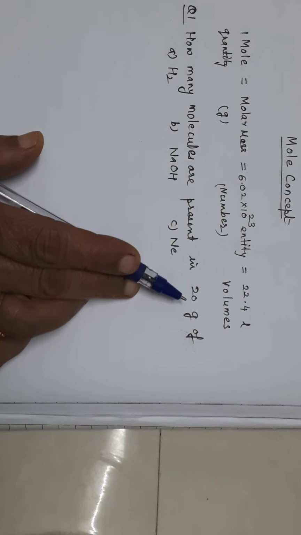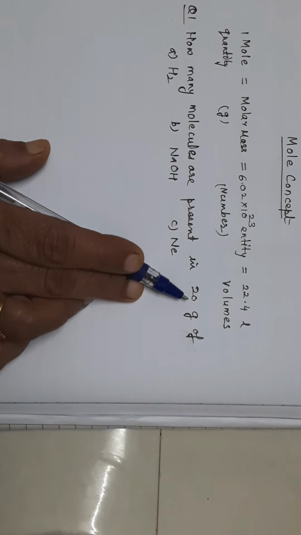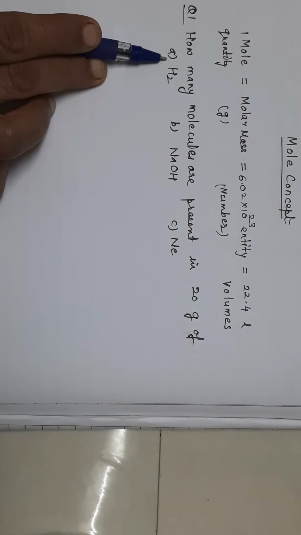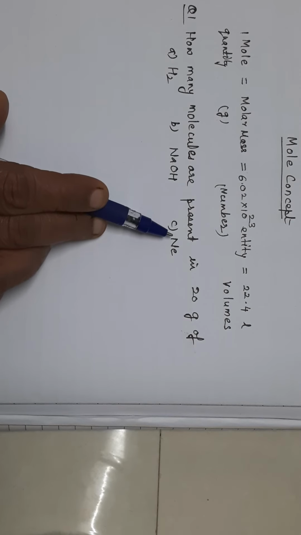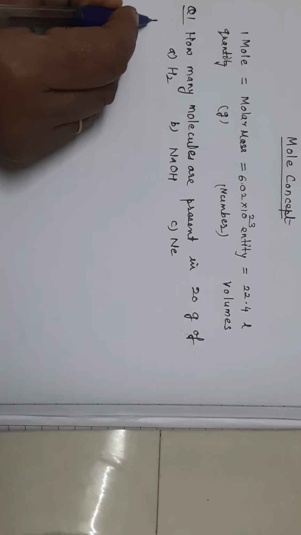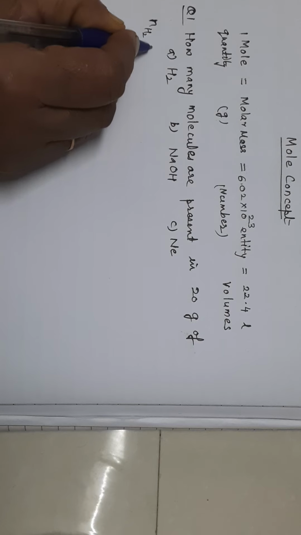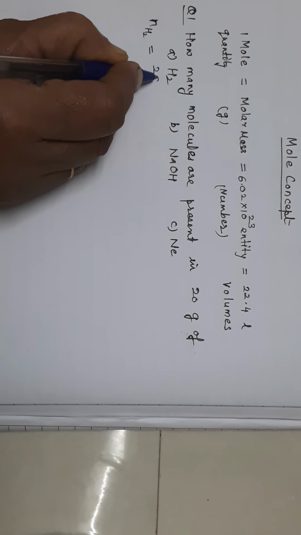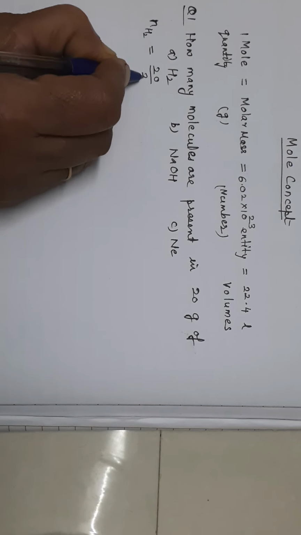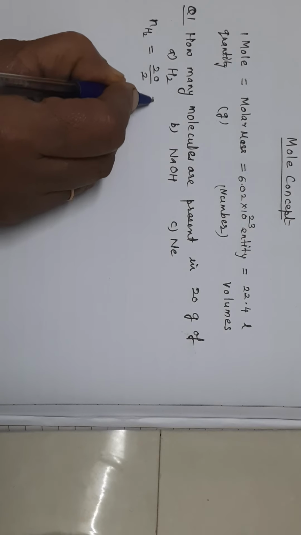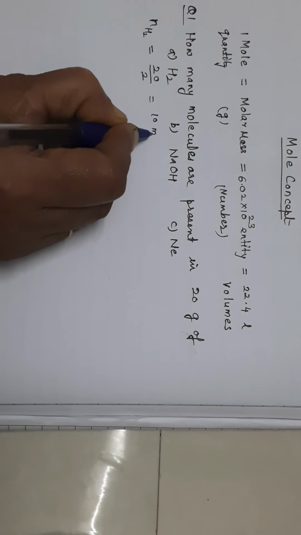So, first of all, we will convert these 20 grams into the moles of hydrogen, NaOH or neon. Number of moles of hydrogen is equal to weight in grams upon molar mass of hydrogen, which is 2. So, it becomes 10 moles.